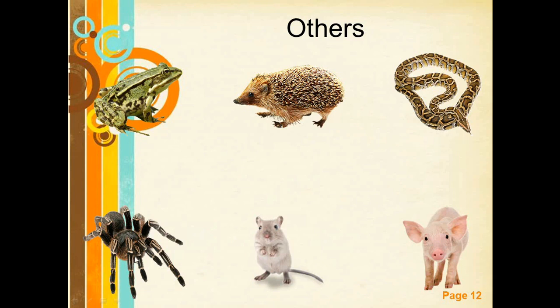This one down at the bottom left is a kind of spider. But not just any spider. This is a very big spider, and we call it a tarantula. This animal here looks like a cross between a hamster and a mouse. It is called a gerbil. Gerbil. And finally, I guess most of you know this one. This is a pig. A small pig.